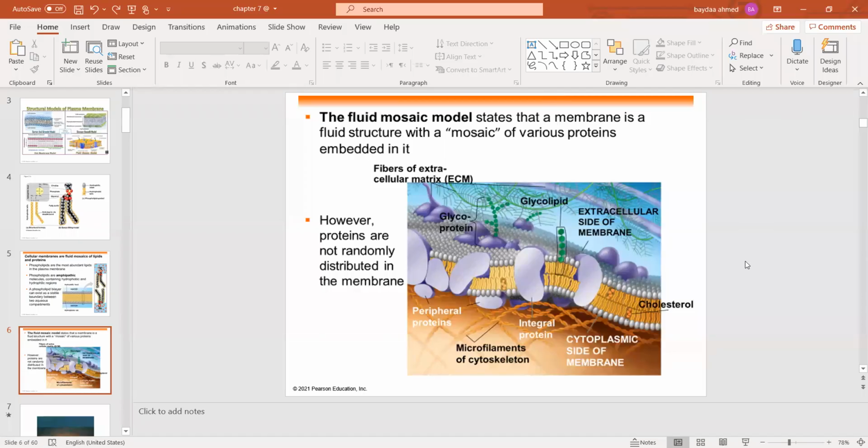The proteins are not randomly distributed in the membrane. Groups of proteins are often associated in long-lasting specialized patches where they carry out a common function. Like all models, the fluid mosaic model is continually being refined as new research reveals more about membrane structure.